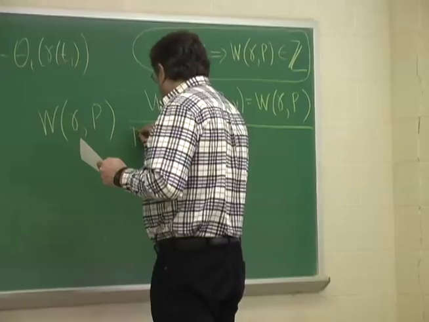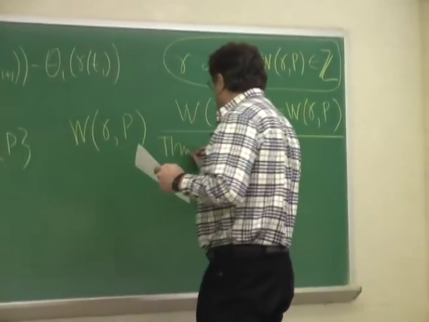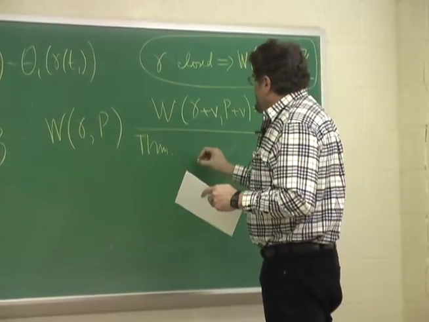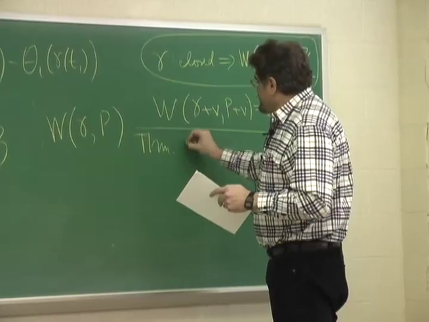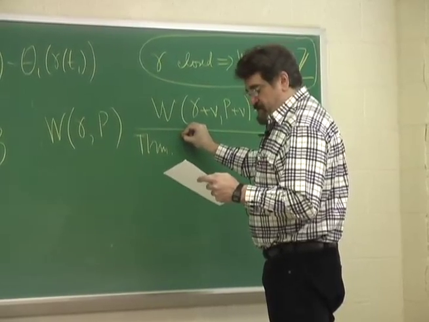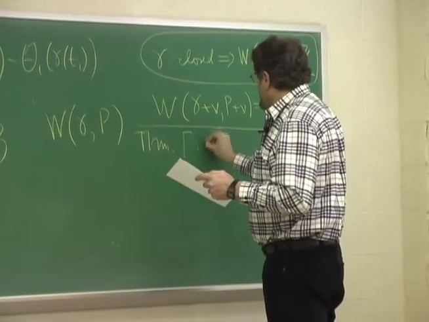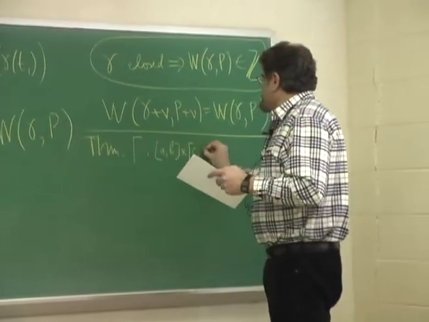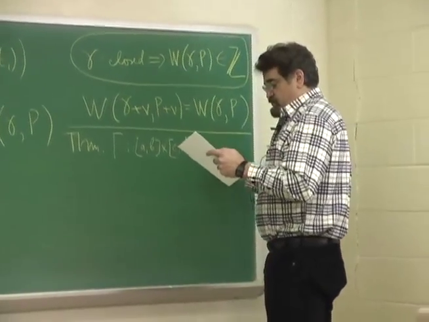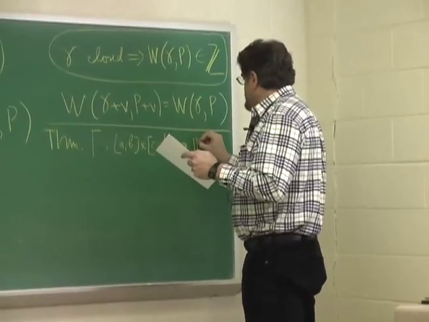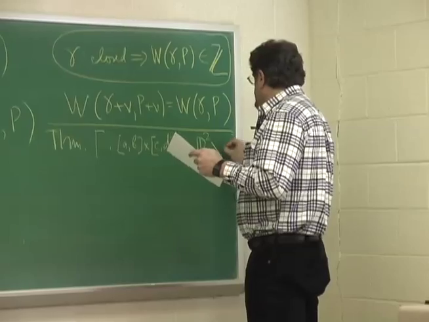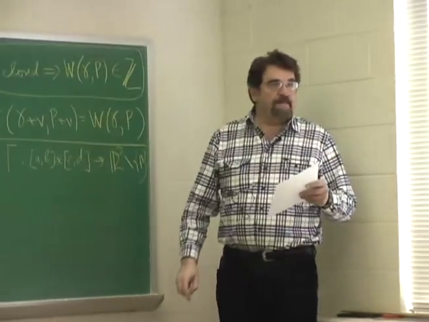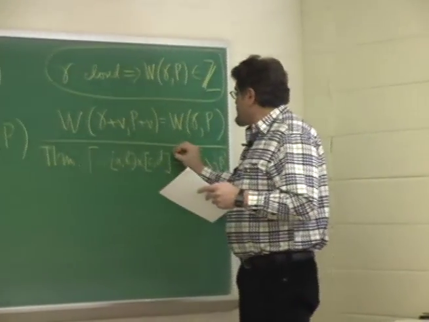Now one small theorem, again we discussed it already, and this is the theorem. Consider a mapping gamma from AB times CD, it is a rectangle, to R2 minus say P. And I want this mapping to be continuous.